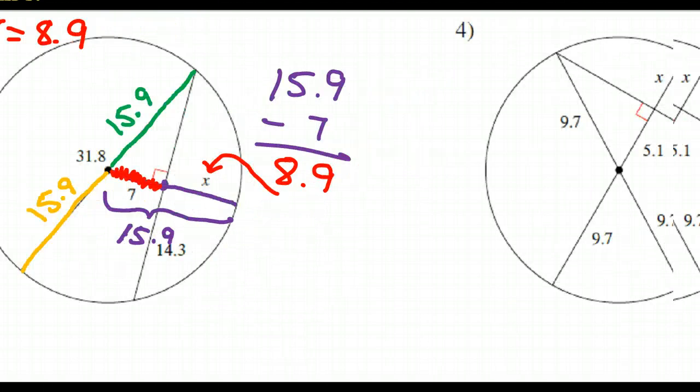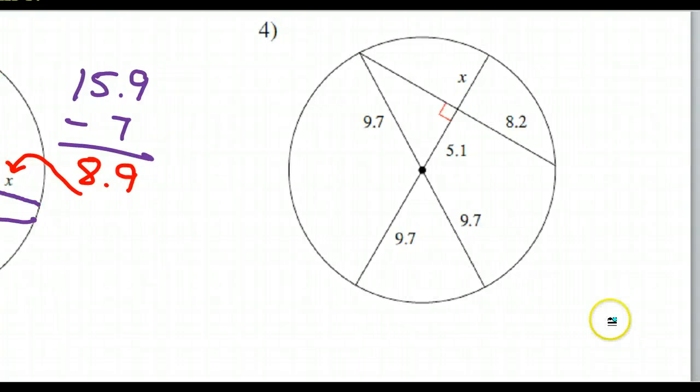All right, let's take a look at number 4. Okay, so x is this little segment up here. So guess what? This is going to be the same thing as number 3, because let me do my color thing again. Radii. We're told the radius is 9.7.